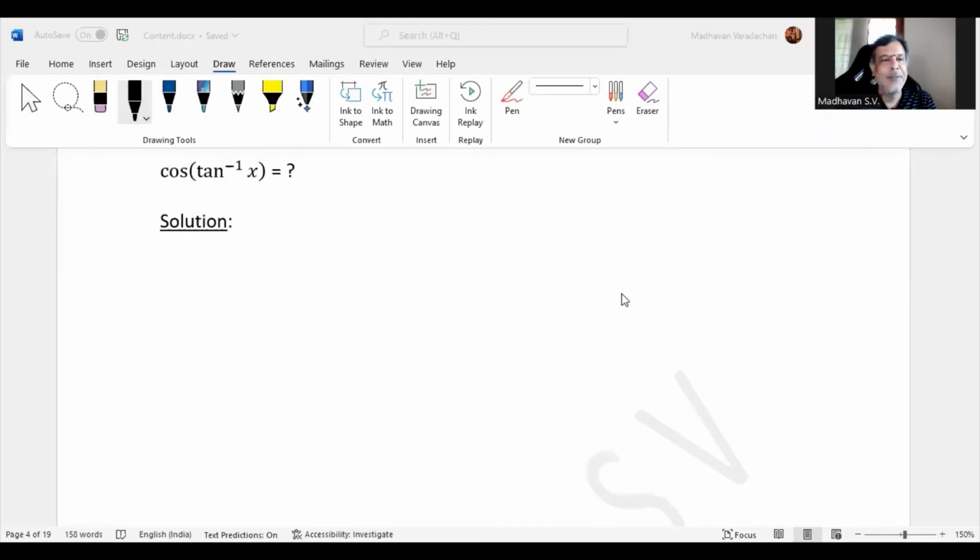In this question, we need to evaluate what is cos of tan inverse of x.